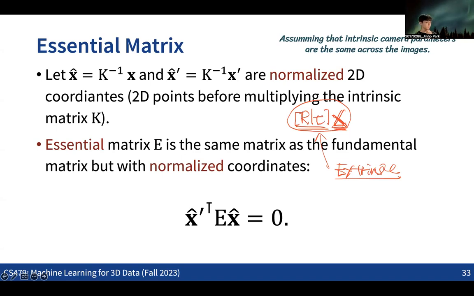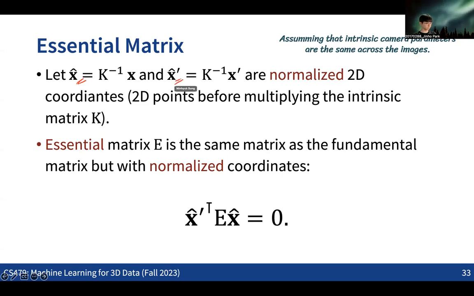And then we multiply by the intrinsic matrix to get the points in the 2D image plane, right? But we can consider the points before we multiply the intrinsic matrix. After transforming the world frame coordinates into the camera frame coordinates, we can consider those as normalized 2D coordinates, the coordinates in the camera frame, before multiplying by the intrinsic matrix.